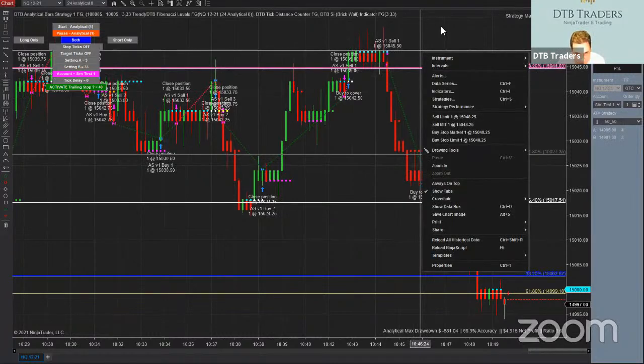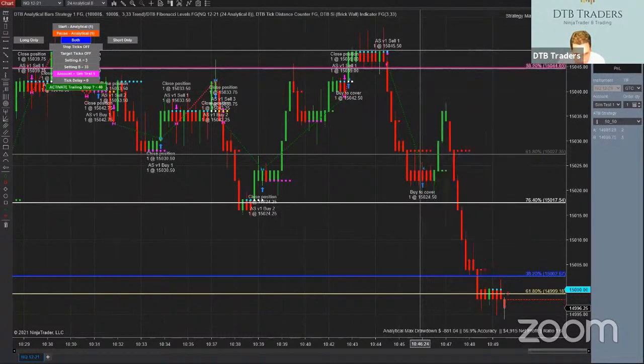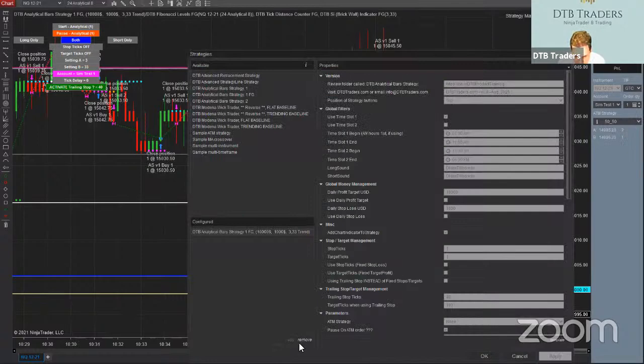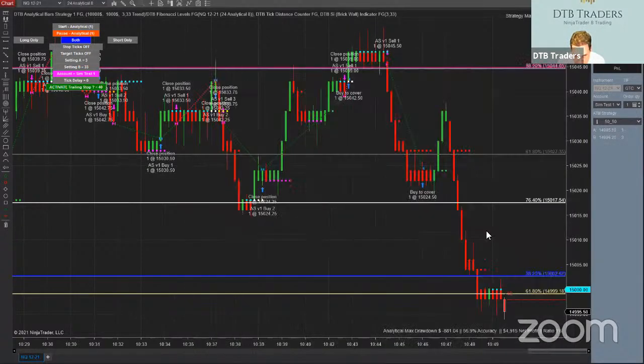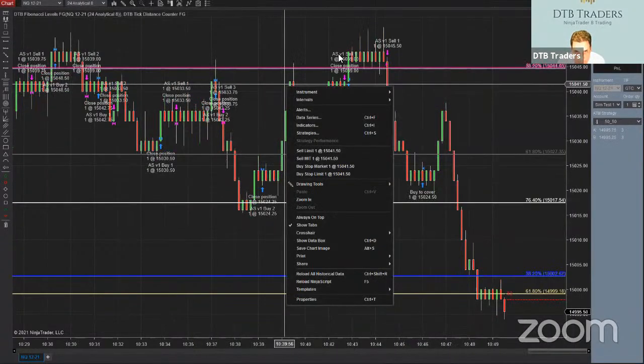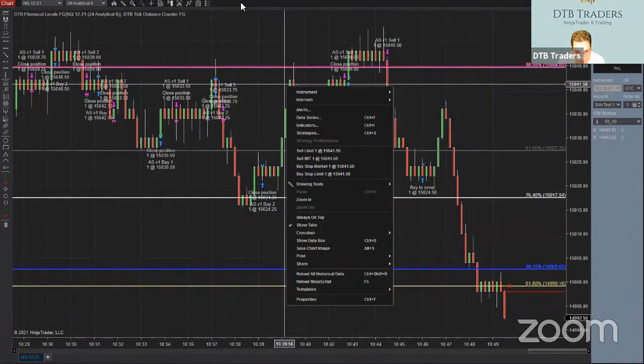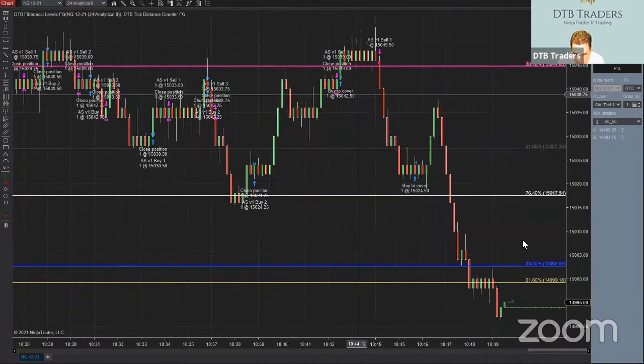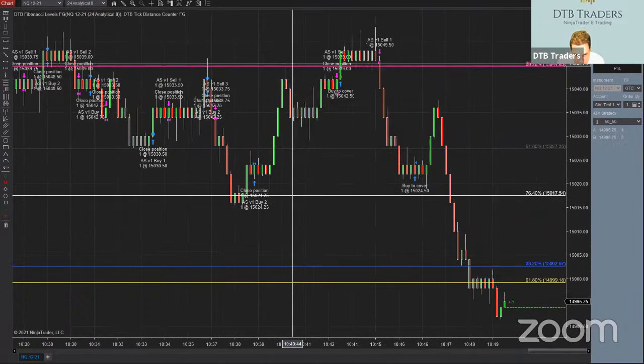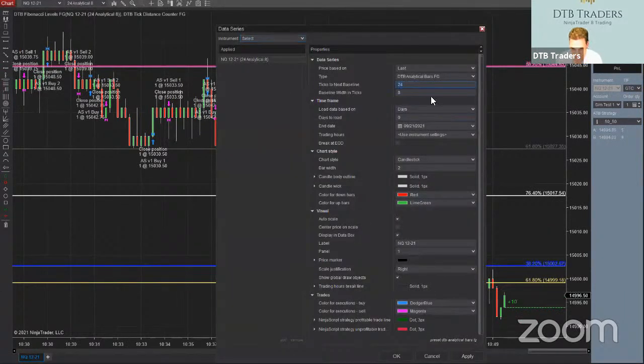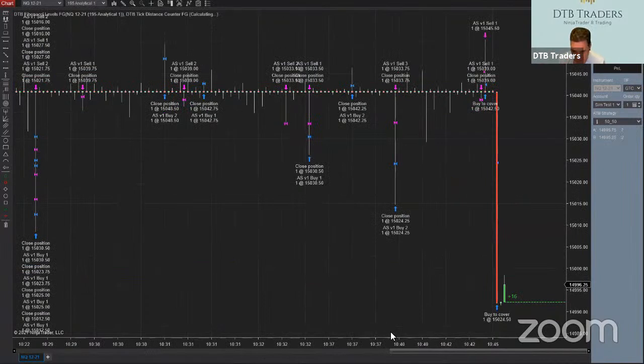So we can probably even switch. If I remove the strategy from here, and I just increase the size of this bar, let's have a look at a 195 and a 1 to see what it's looking like on the longer term charts.